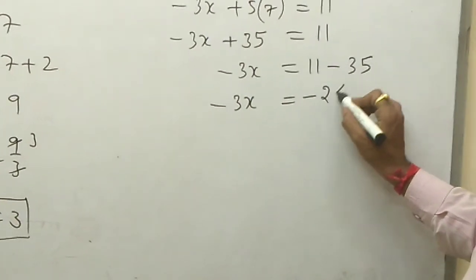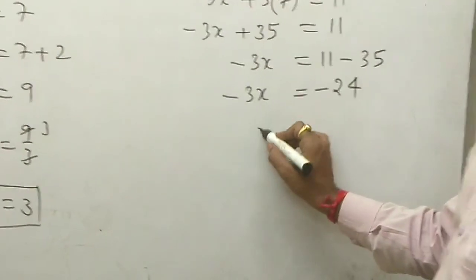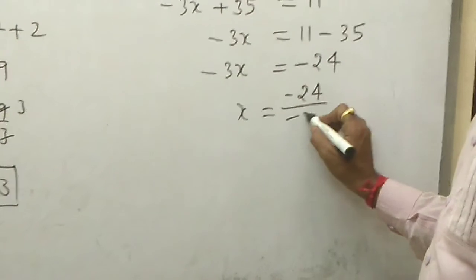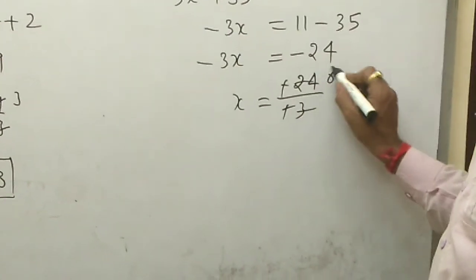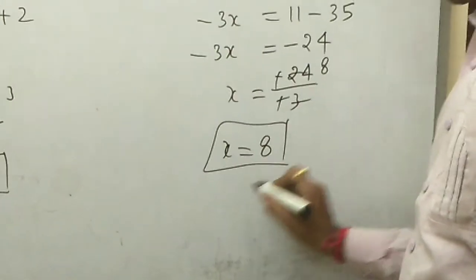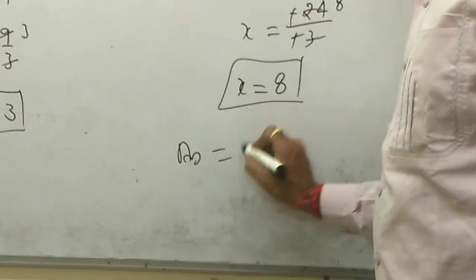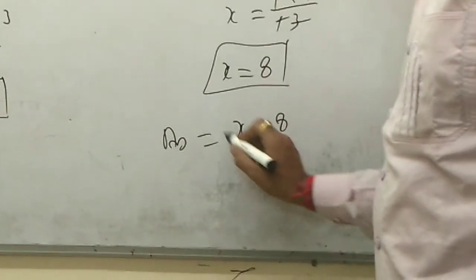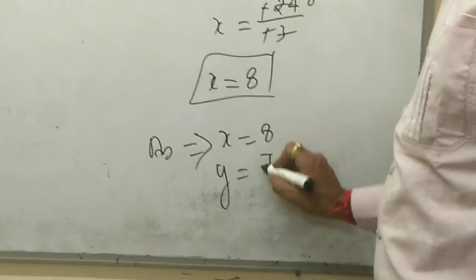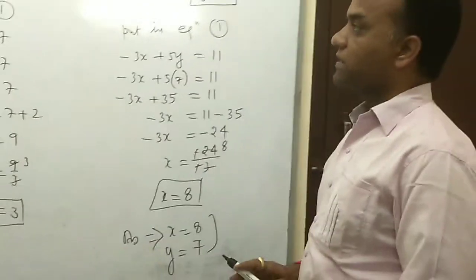Now x equals minus 24 by minus 3, so minus cancels out, 3 eights are 24, so the value of x equals 8. Okay, so now you have x equals 8 and y equals 7. Okay, so you got the values of x and y.